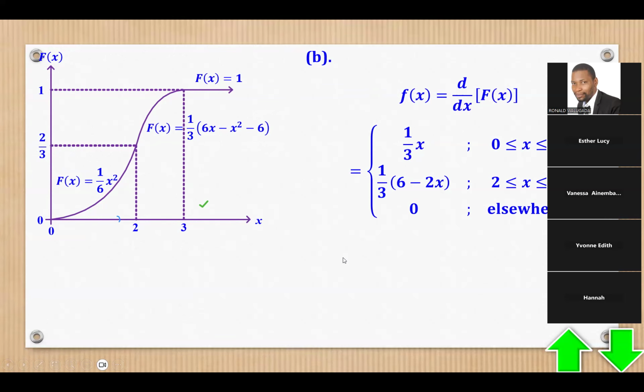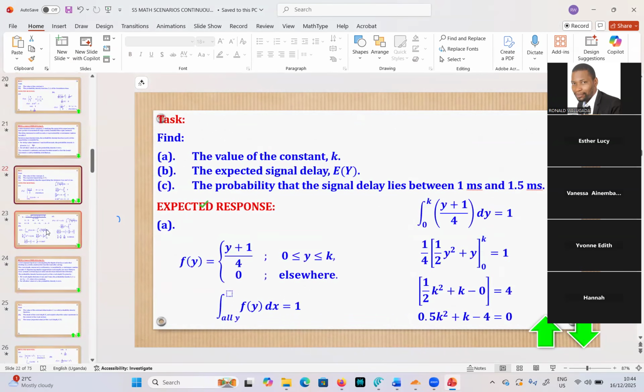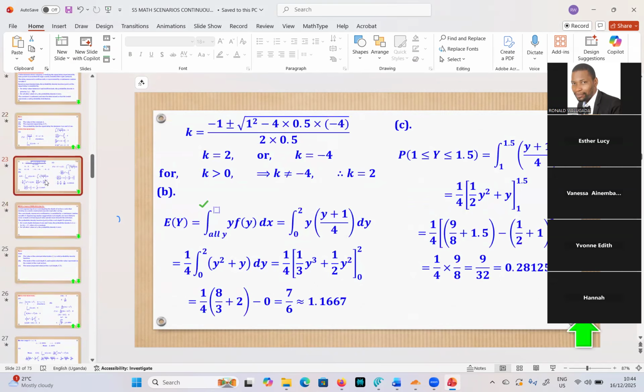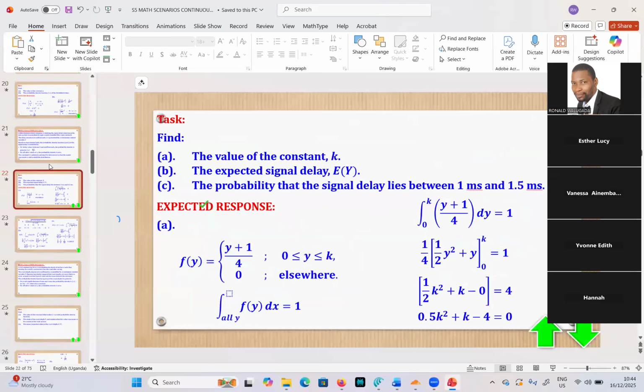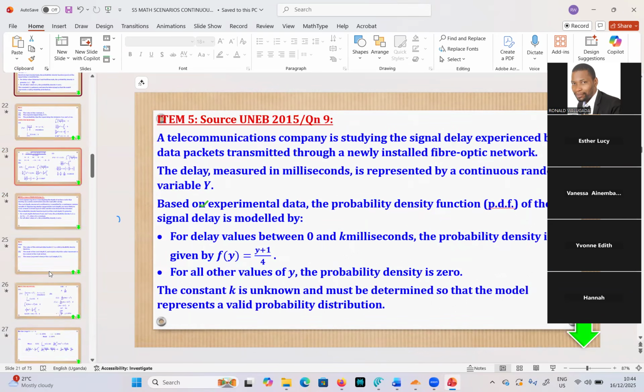Yes, teacher. Okay. So now we have dealt with capital Fx. I want to deal with a question which has small fx so that you can try out some questions. Let me see this one. Item 5. Should I do item 5?